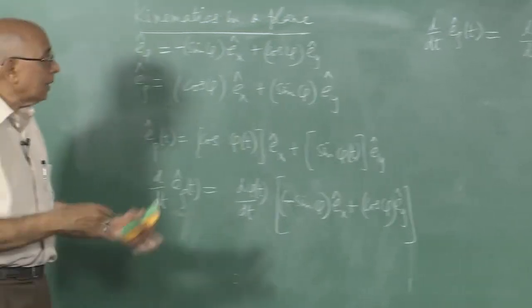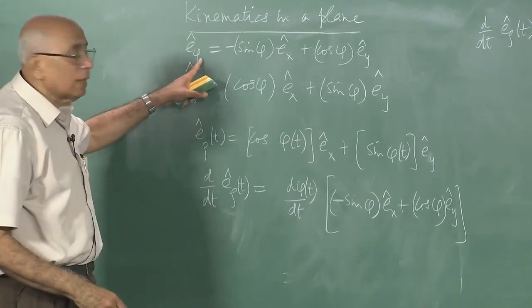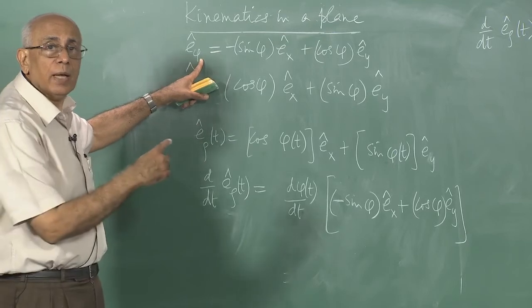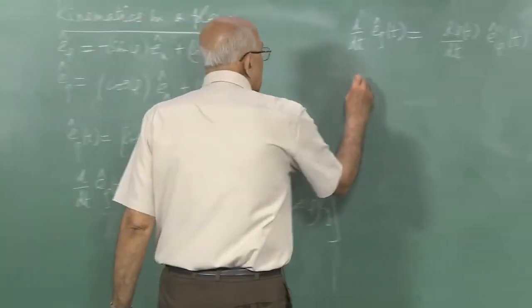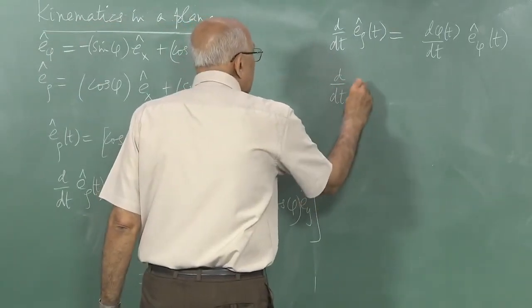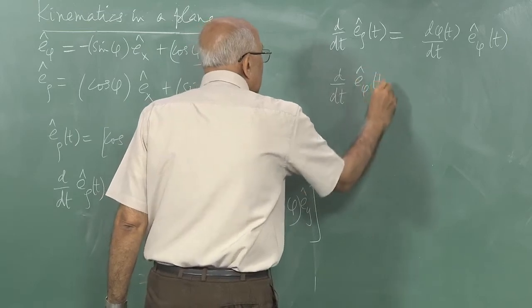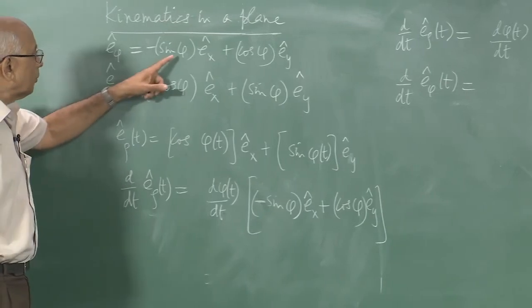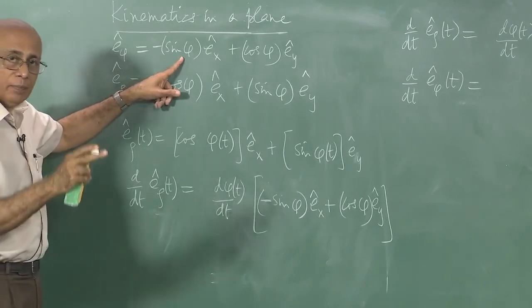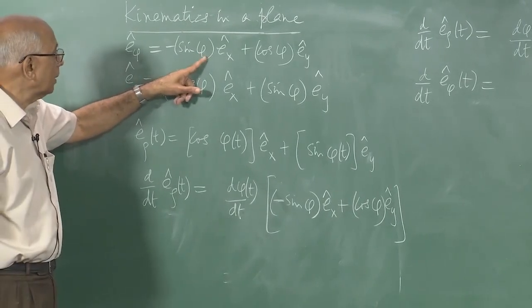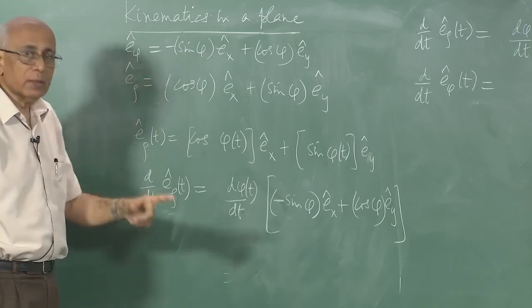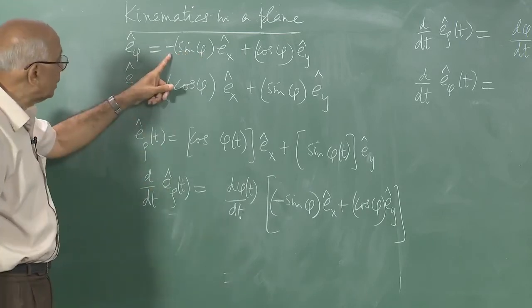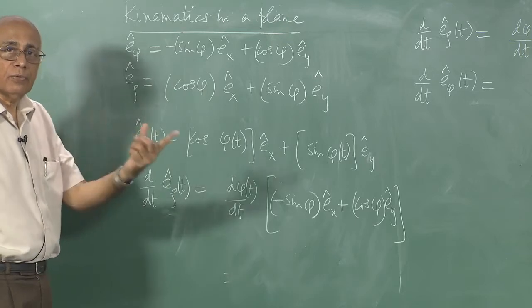In fact, while we are at it, we may as well find out what is the derivative of this function with respect to time. So let us also write d over dt of E phi of t equal to the same thing as before. We differentiate this with respect to time, since phi is a function of time. The derivative of sine phi is cos phi, there is a minus sign here, and then the derivative of phi itself.